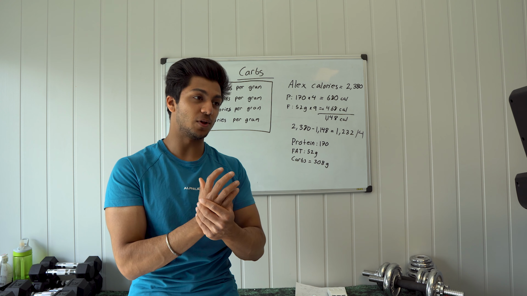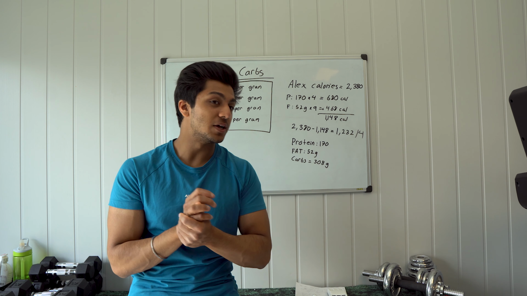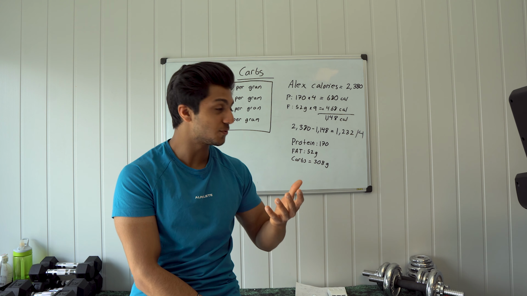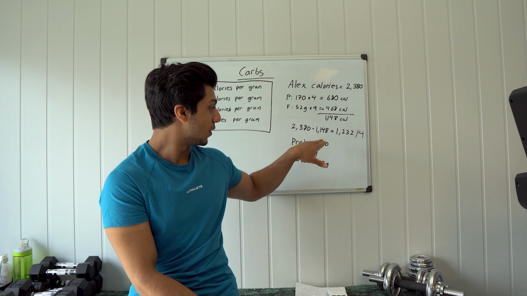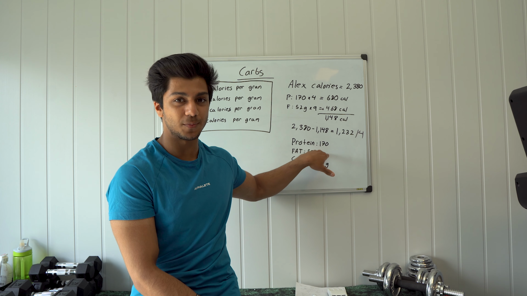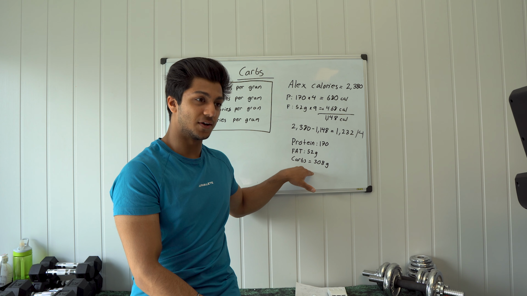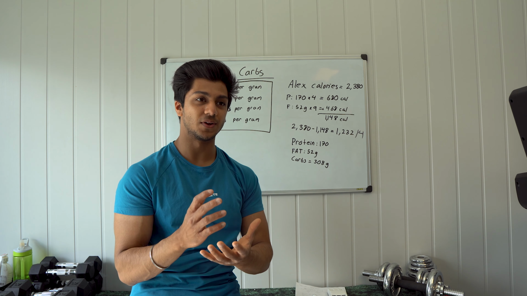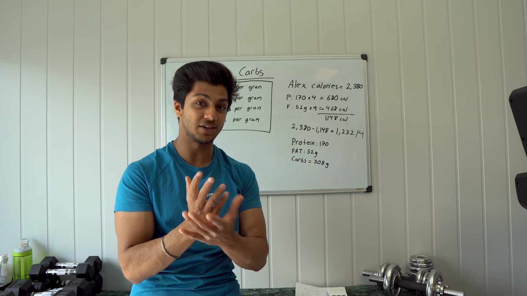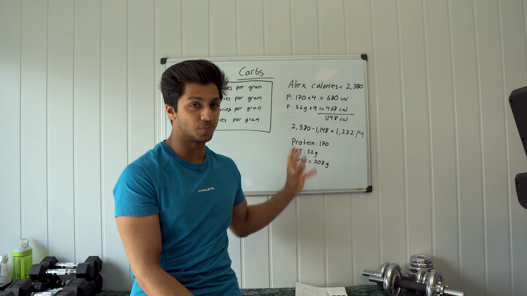So for example, if you're going to eat outside with your friends or family, or go out to a party or drinks with your friends, I highly recommend you aim for your protein that day. So high protein and save your fats and carbs, because when you're outside you eat a lot of carbs and fats, and if you're going to drink, there are carbs there, so you have a much bigger room to play with.